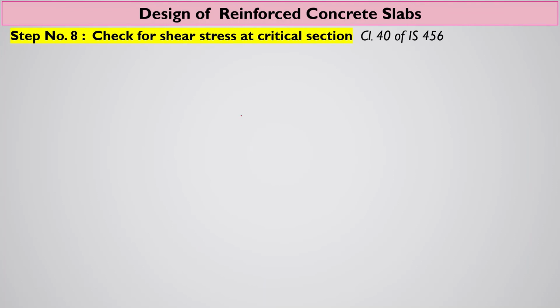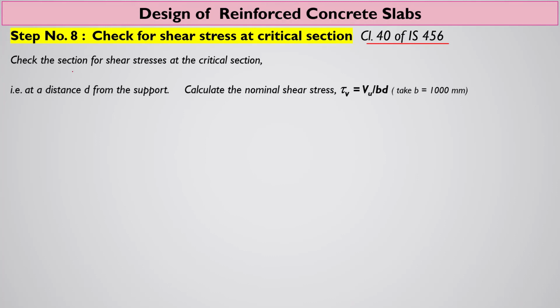Now step number 8, here we have to apply the check for shear stresses at critical section, and you can refer clause number 40 here. We have to apply the check for shear stress at critical section as mentioned in IS 456. So what is the critical section?